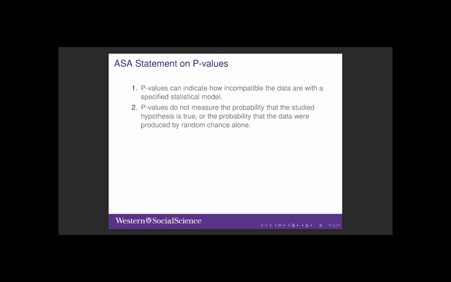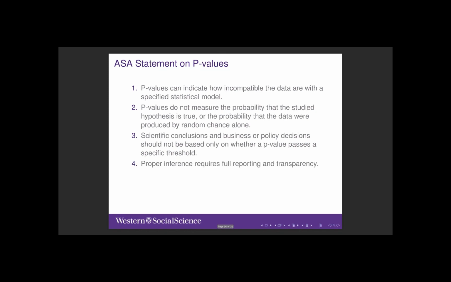P-values do not measure the probability that an alternative hypothesis is true or that the null hypothesis is false. Scientific conclusions and business decisions should be based on more than p-values alone. Both substantive significance and statistical significance should be evaluated. Proper inference requires full reporting and transparency.